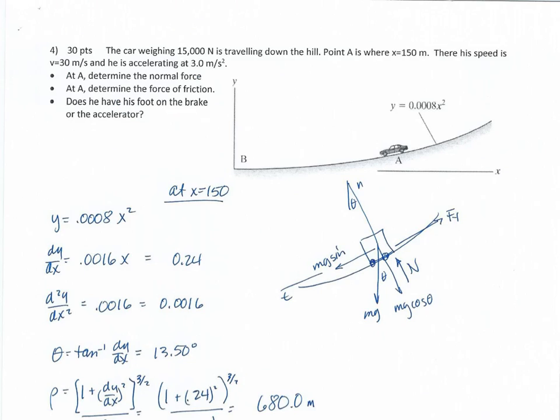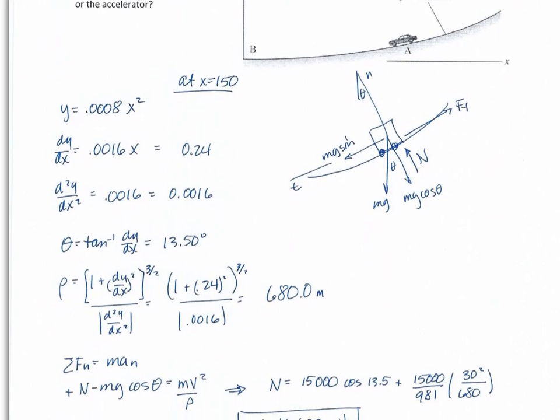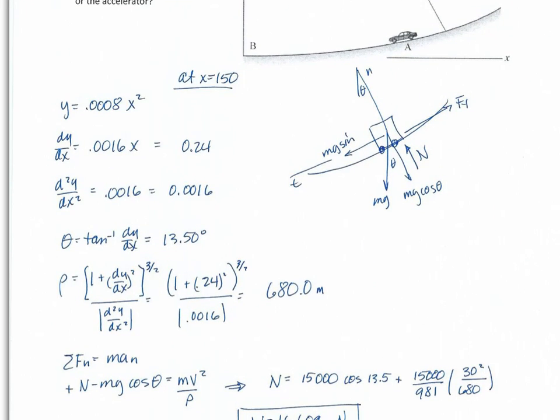On the next version of the problem, I'm not going to go through this because it's exactly the same, but I had just a couple of values that were different. This one we had x equal to 150 and the acceleration equal to 3. Set it up exactly the same, so you can see the new numbers here. We had a different angle, this one was 13.5.